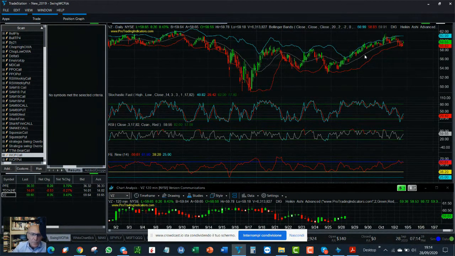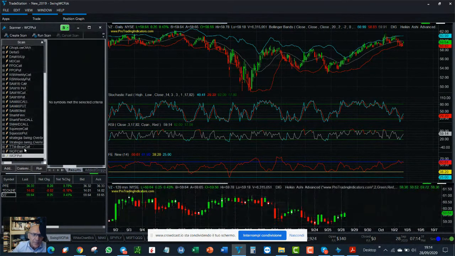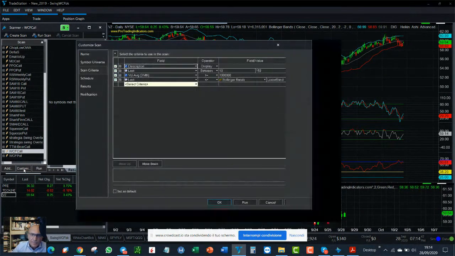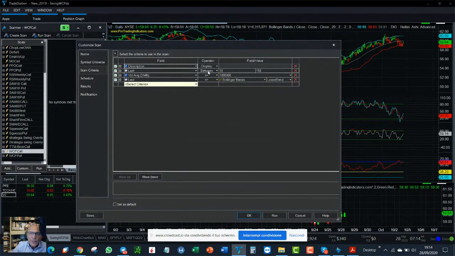So the first thing we do is go through these two scanners, which I built, where I select all the stocks that have a price between $10 and $150.